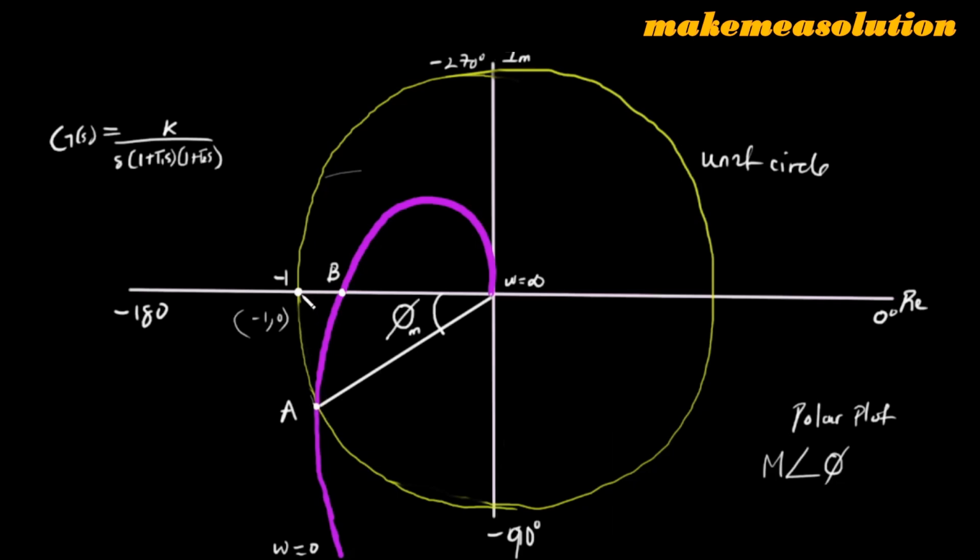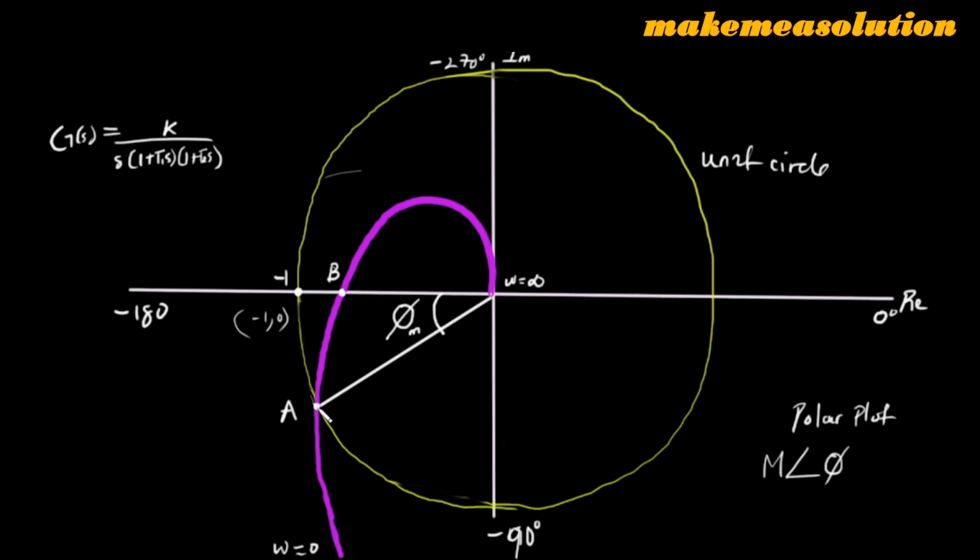Remember, when the Nyquist plot passes through the point minus 1, or when it encircles that point, the system will be unstable. So the phase margin tells us the extra lag that is required to drive our system into instability.